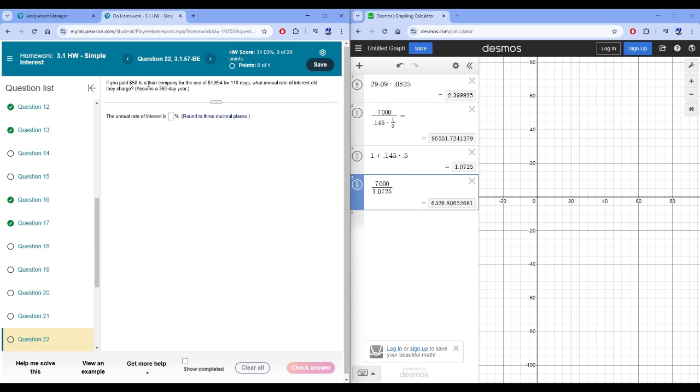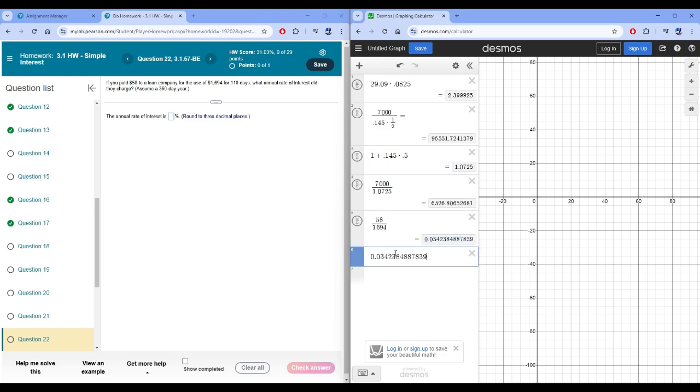If you paid $58 to a loan company for the use of that, what annual interest rate did you charge? So you just set this equal to your I equals PRT, and your T is just going to be 110 out of 360. So here, the first thing that you would do is 58 divided by that number, 1694, and then you get that, right?